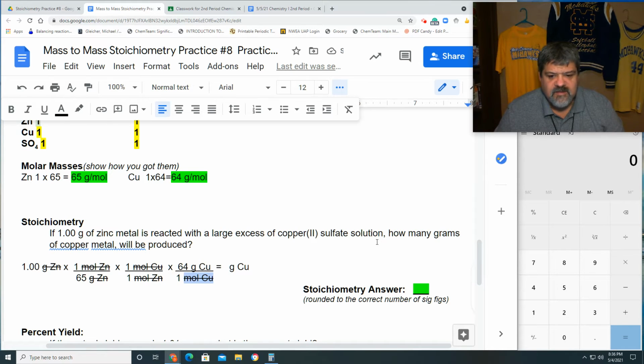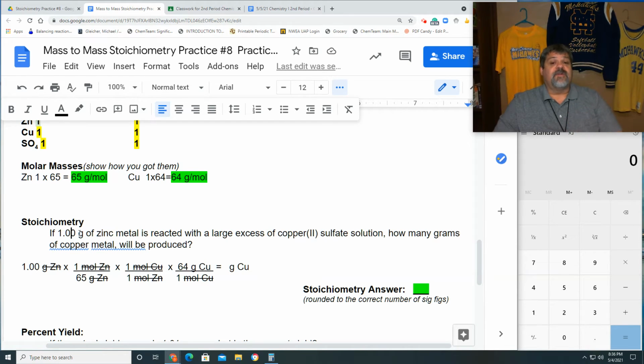And let's look up here. It says how many grams of copper metal. This looks good. One of the next things I like to do is I like to put down how many sig figs. So here's our number right here. And we look at this, and sometimes we say, oh, there's only one significant digit because there's only one number. But there are zeros here, and sometimes those zeros are significant if they're trailing.